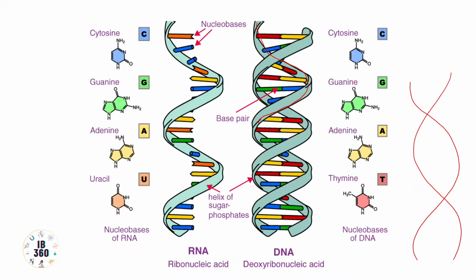If I call this strand A, and this strand B, if A runs from 3 prime to 5 prime, B will run from 5 prime to 3 prime. That is why anti-parallel. But where do these numbers, 3 prime or 5 prime, come from? That you will understand when you understand the structure of the nucleotides of these nucleic acids.